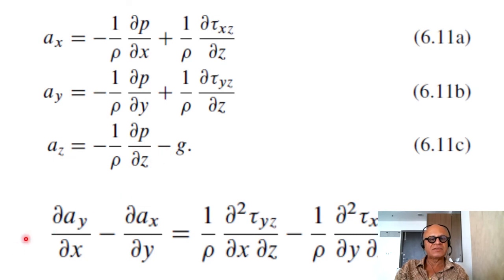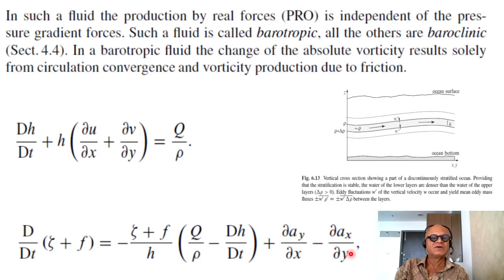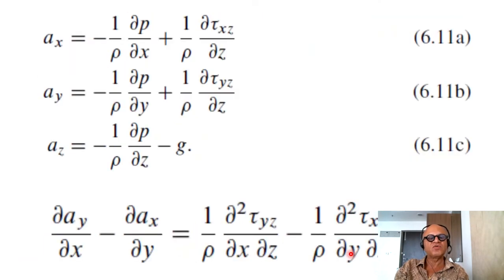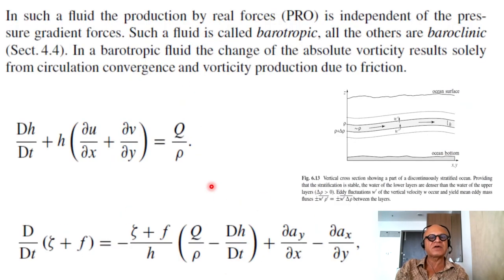So we can then write dAy/dx minus dAx/dy as, these pressure gradient terms get cancelled out. So you get 1/rho d squared tau_yz/dx dz minus 1/rho d squared tau_xz/dy dz. Okay, so in this case the pressure terms disappeared, and that makes the production by real forces independent of the pressure gradient forces.